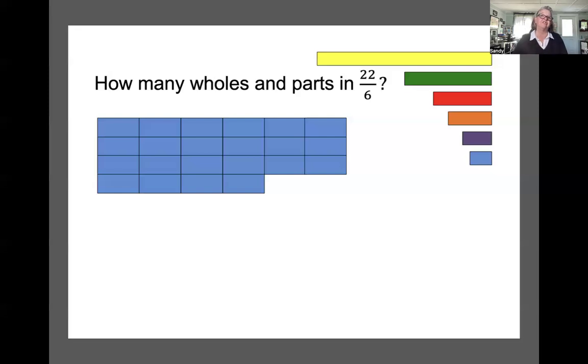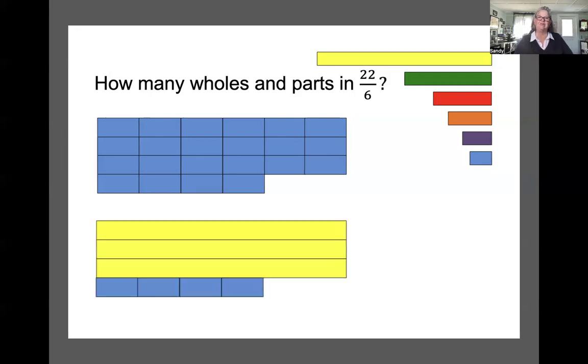Now, let's go the other direction. See, if I have the improper fraction, I know the number of unit fraction pieces I'm working with, in this case, 22 of those 1/6 pieces. When I'm thinking about going to a mixed number, I want to think about how many wholes and parts. Now, with this drawing, it's pretty clear how many wholes and parts once I've drawn it.